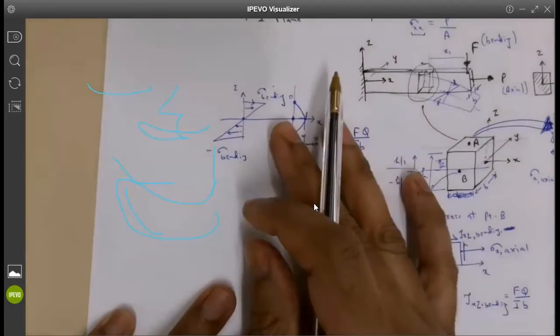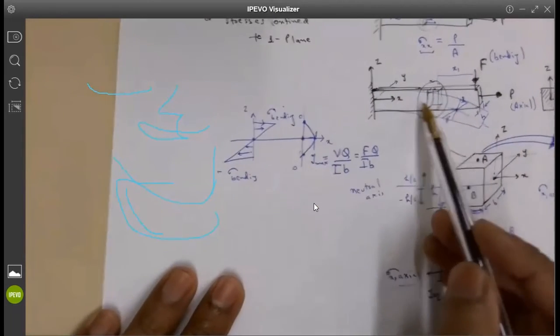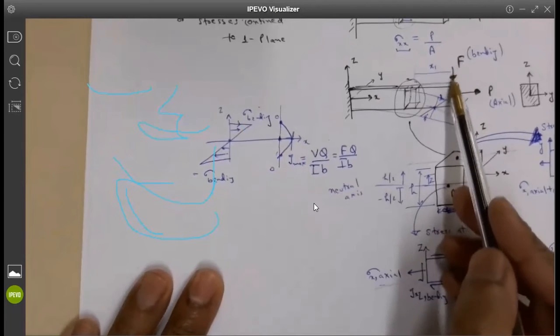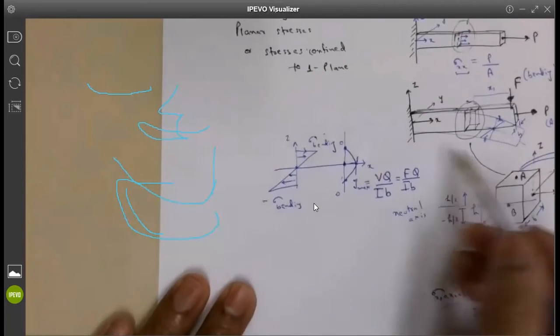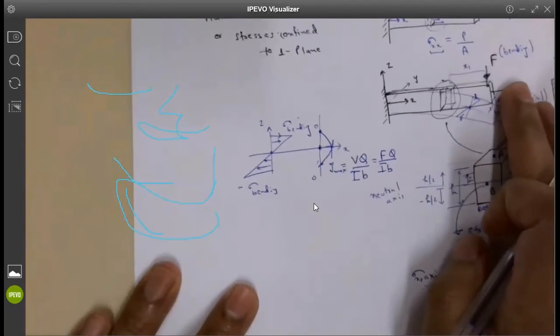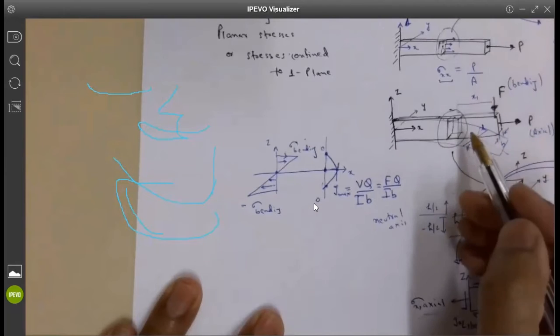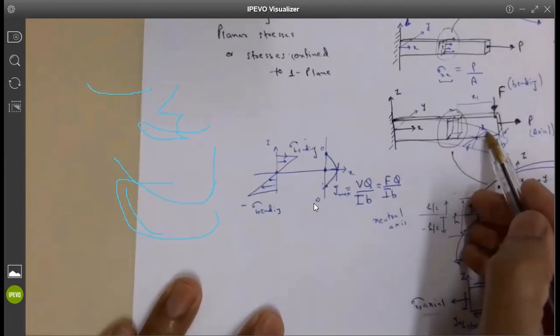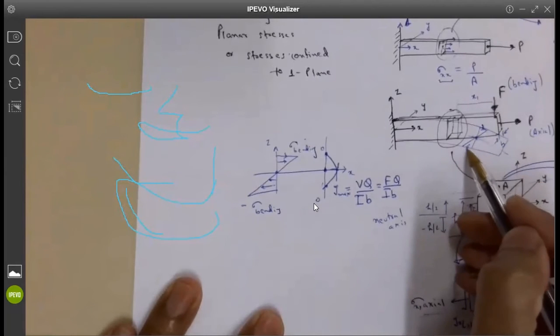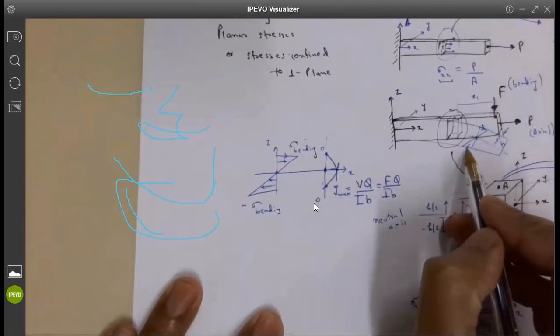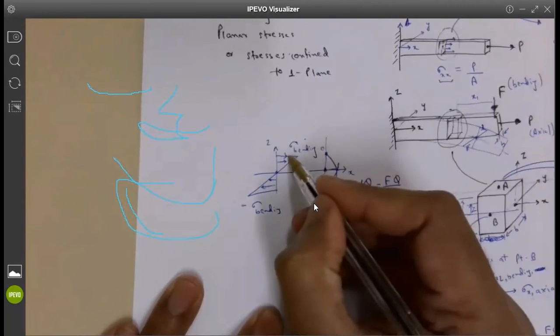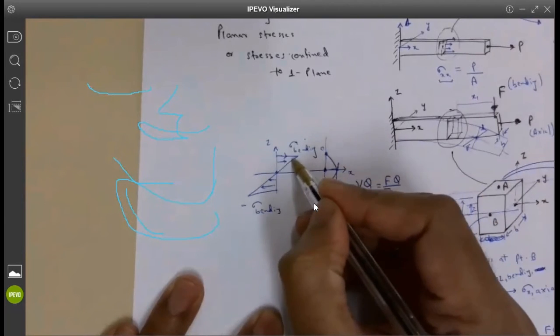Okay. So this says that when you have this load coming on the top, it is basically saying that if you have a cantilever beam under this uniaxial load, then the top will have stresses in the positive direction, and the bottom will have stresses in the negative direction. And they vary in a linear fashion.